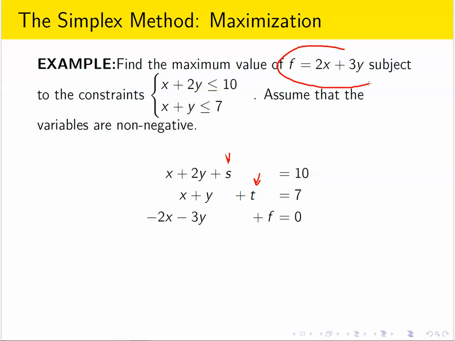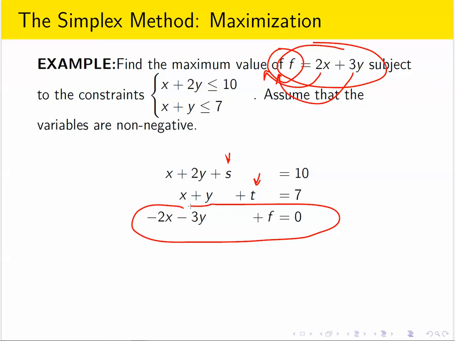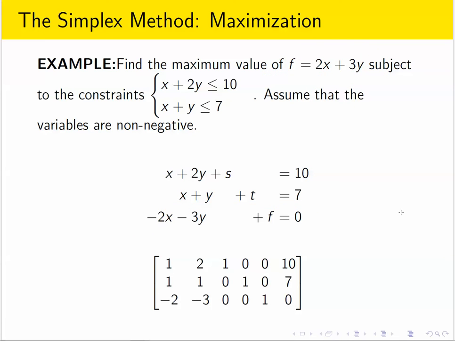And finally, we take the objective function and rewrite it with everything on the same side of the equation as the symbol representing the objective function, which means we move the 2x over to that side, we move the 3y over to that side, giving us negative 2x minus 3y plus f equals 0. So this is a complete system of equations now, which can be used to represent a simplex matrix, which is our starting point for applying the simplex method.